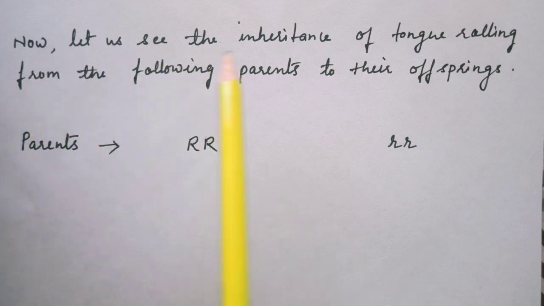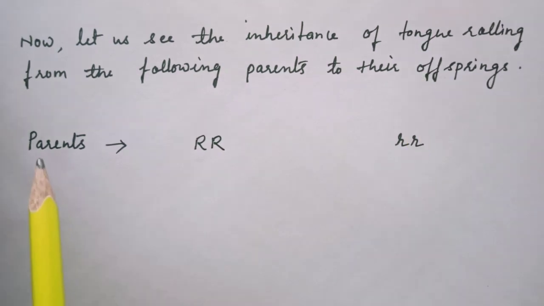Now let us see the inheritance of tongue rolling from the following parents to their offsprings. Whenever we solve any problem on genetics, in the first line we mention the parents and write the genetic combination of the parents.